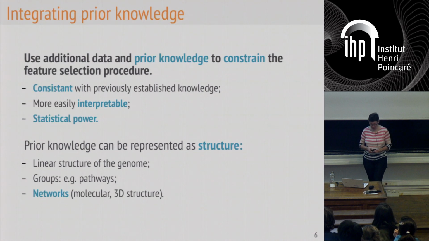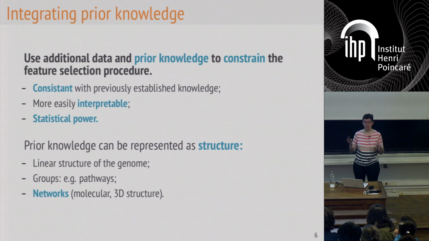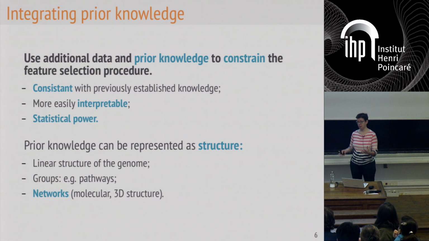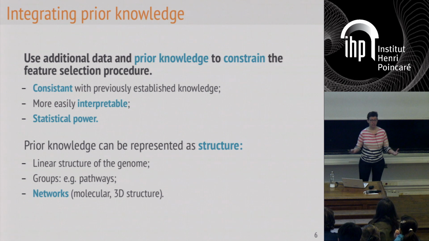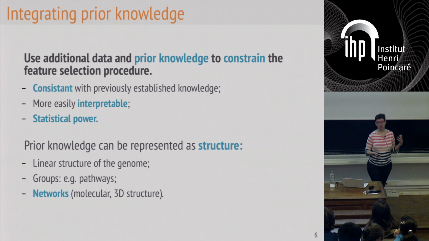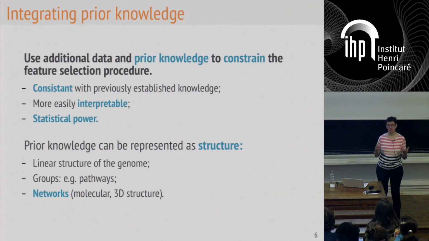All right, so the idea here is that in biology, we're unlucky because we have so many features and so few samples. But we're lucky in the sense that we have a lot of prior knowledge that's been organized in a structured way.